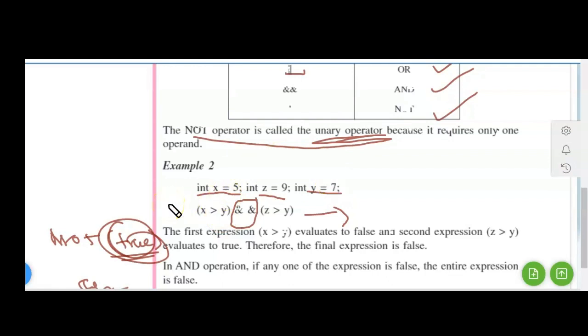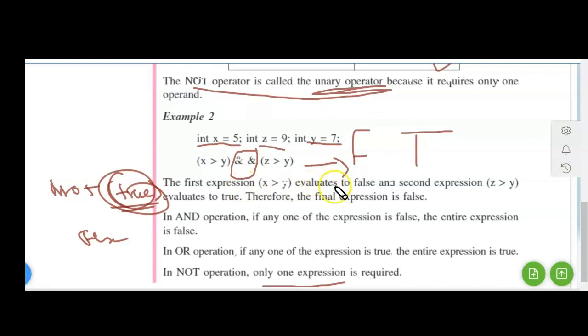So the first statement is false, and you're using logical and. Just see here, z greater than y. That means 9 is greater than 7. Is that true? Yes, that is true. Since the first expression is false and the second expression is true, therefore the final expression is false. When it is logical and, both statements have to be true to make it true. So the final result will not be true, it will be false.